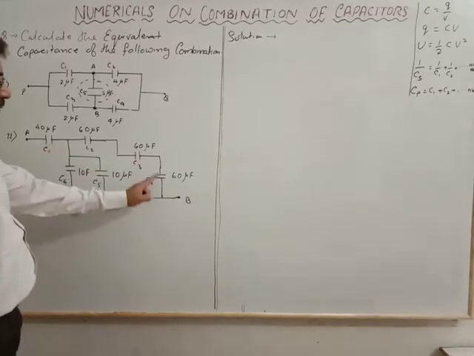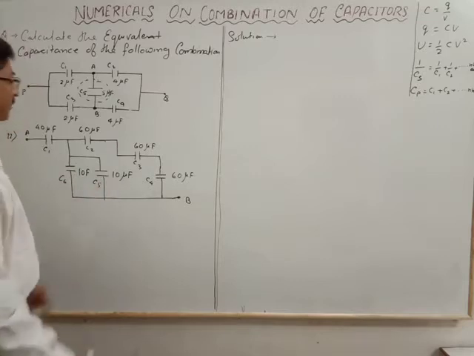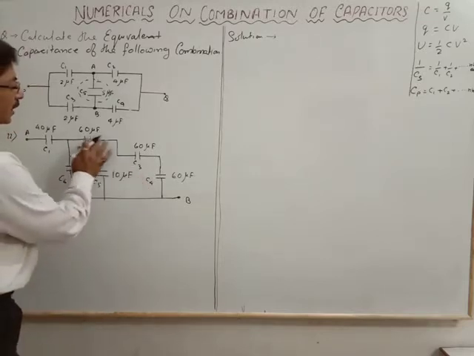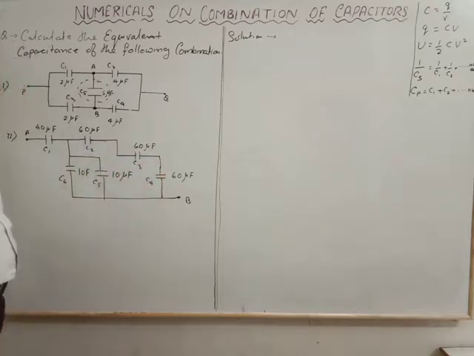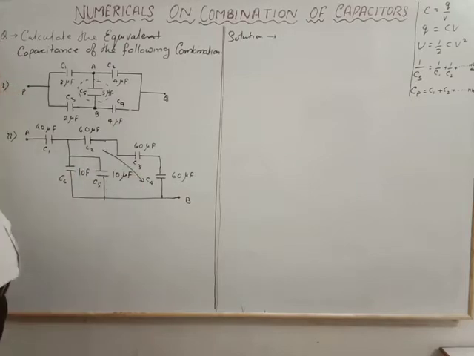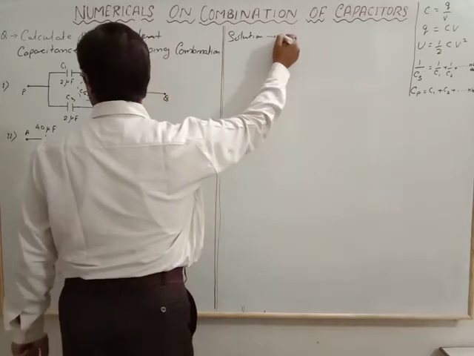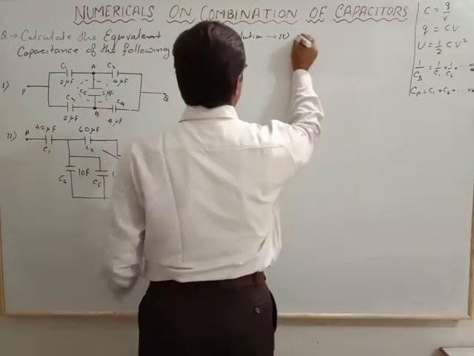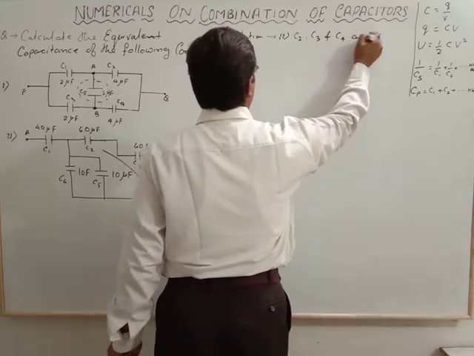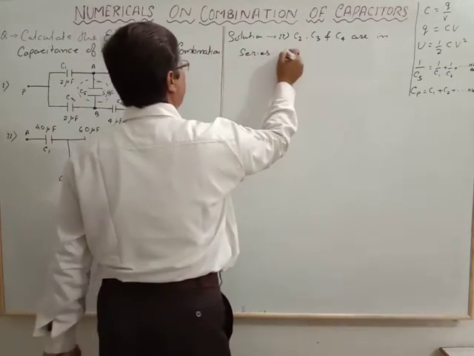So there are 6 capacitors, all arranged in different ways. Now C2, C3, C4 are continuously arranged, that is, C2, C3, C4 are in series combination.